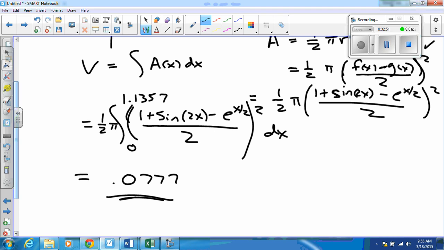See that brace right there? You should have all of that divided by 2, right? And then all of that should be squared.